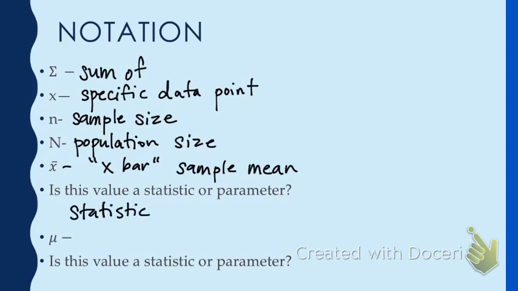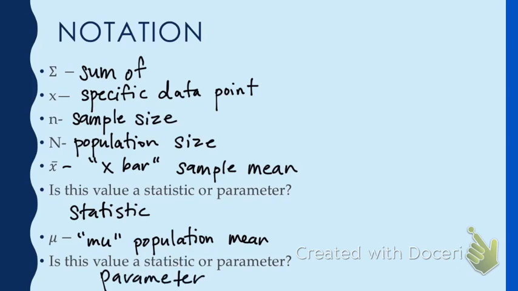And the next notation is called mu. That's how you pronounce it. And that is the population mean. So would that be a statistic or a parameter? Parameter. So when you're reading a problem, the context will indicate whether we're talking about population or sample.